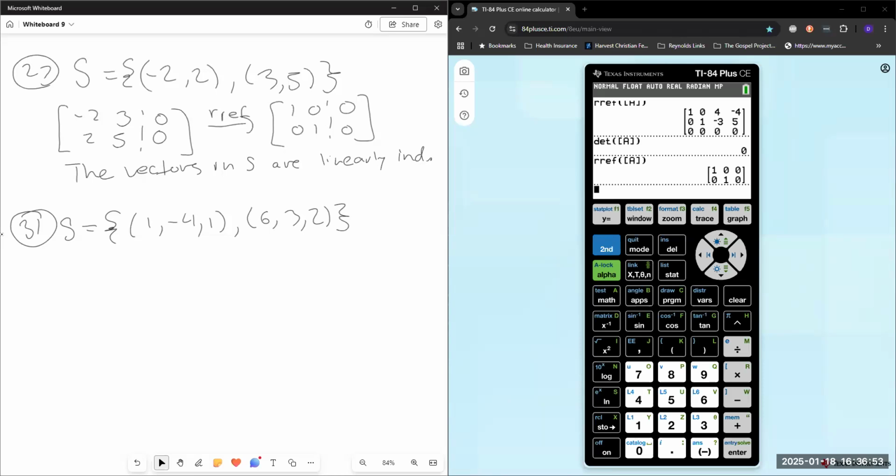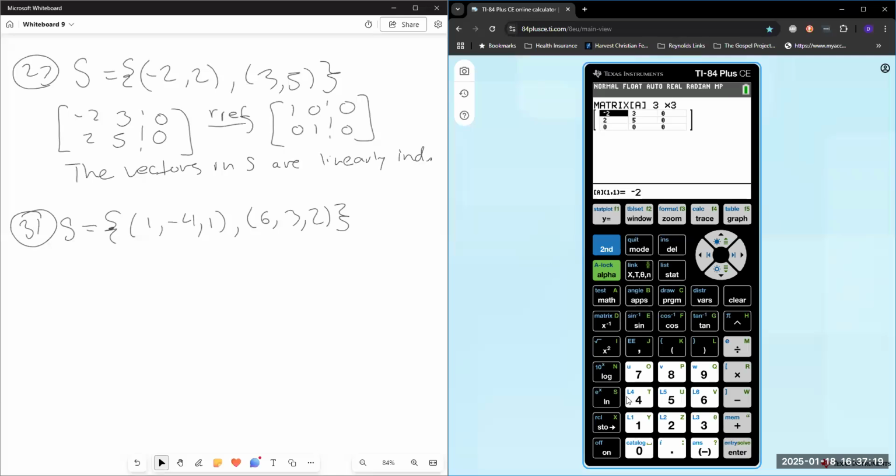So let's go ahead and second matrix edit. This is going to be 3 by 3. Yeah.